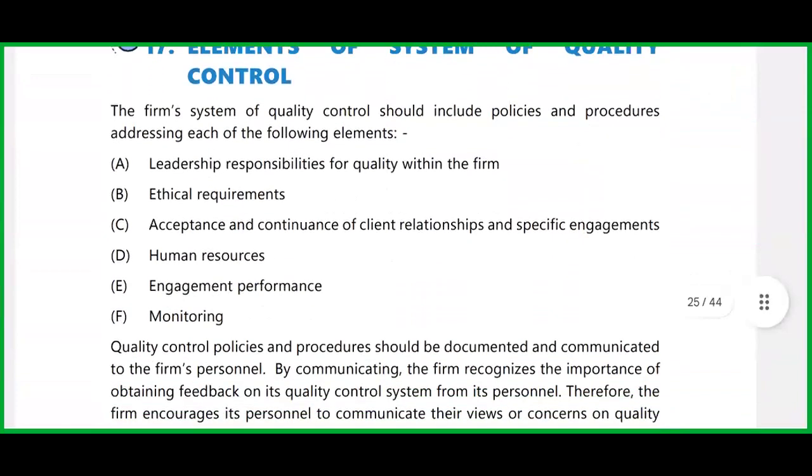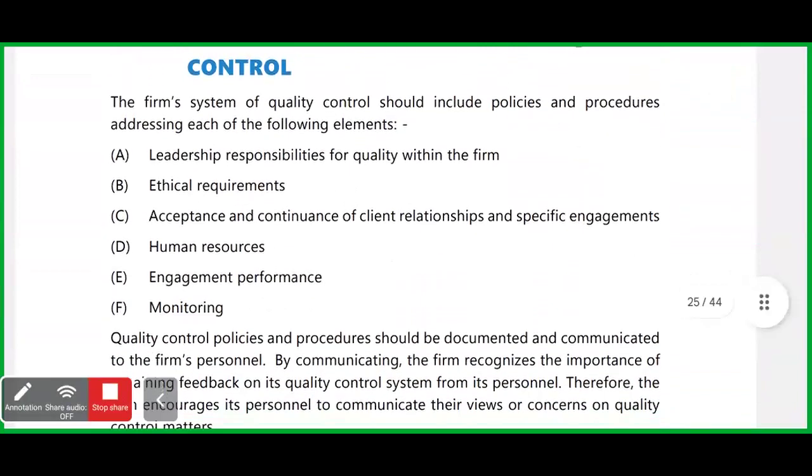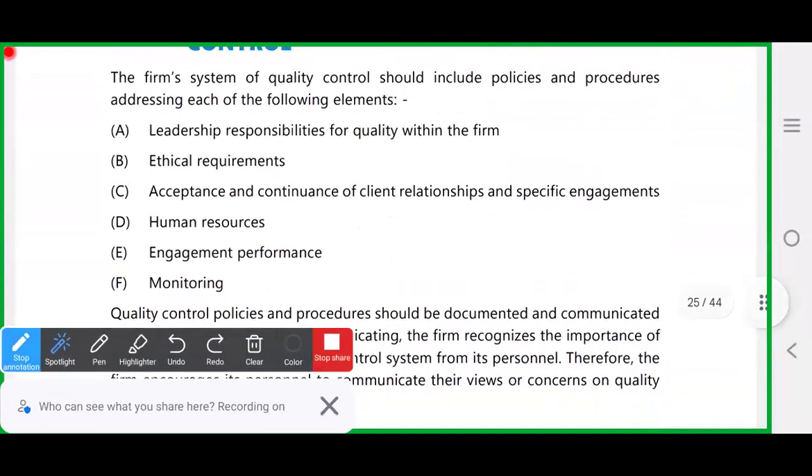The firm's quality control system should include policies and procedures wherein leadership responsibilities are clear. There are ethical requirements. There is acceptance and continuance of client relationship. Human resources, engagement performance, and monitoring are clear. These quality control policies and procedures should all be documented.